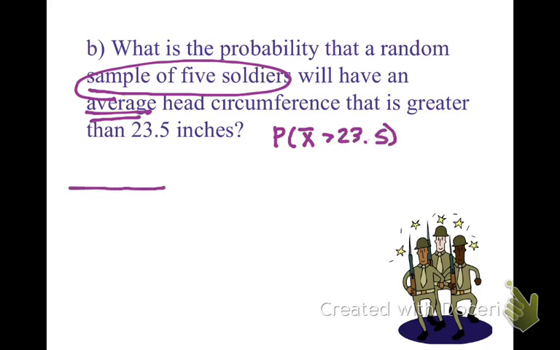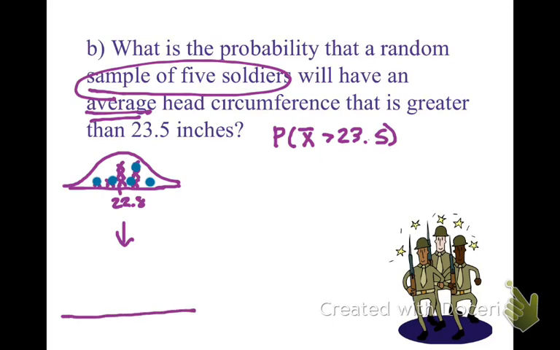So on the last slide, we had this nice normal curve that was centered at 22.8, and each of those dots represented an X, an actual soldier who had a calculated head circumference. What we're really saying now is, what if we picked 5 of these soldiers and we found their X bar, their average head circumference.